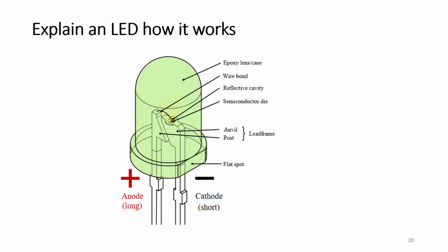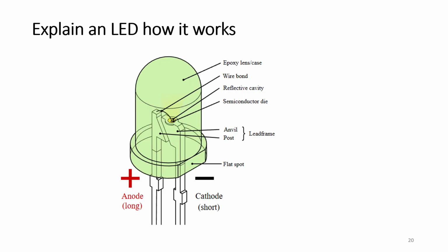So, what is the anatomy of an LED? This figure illustrates the internal structure and external identification of a standard through-hole LED package, explaining how the electrical and optical paths are arranged to produce visible light.